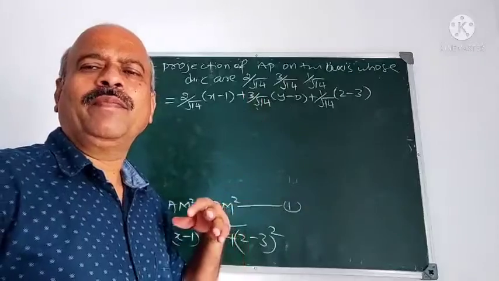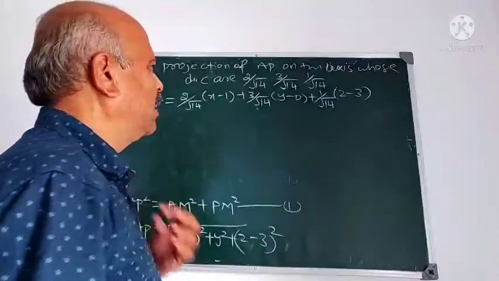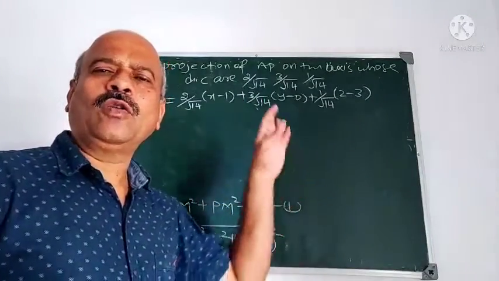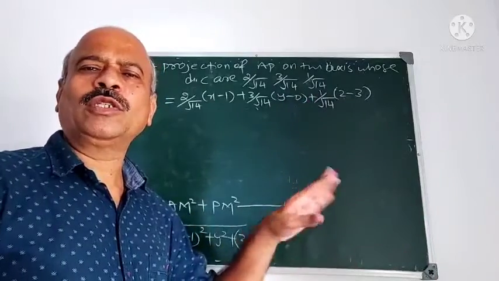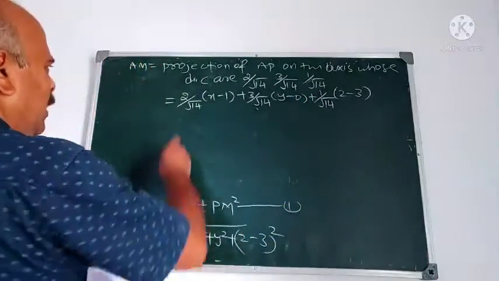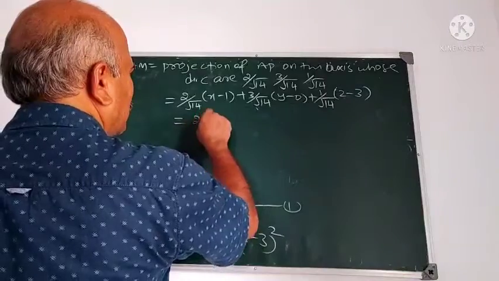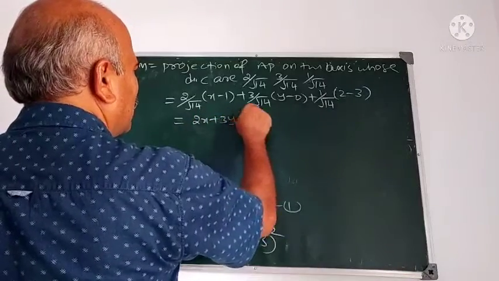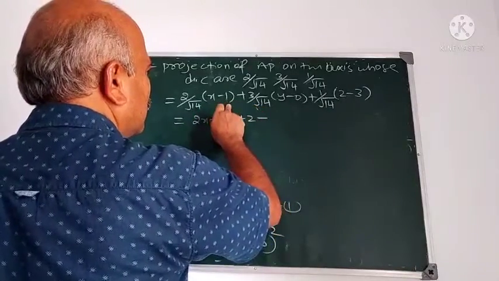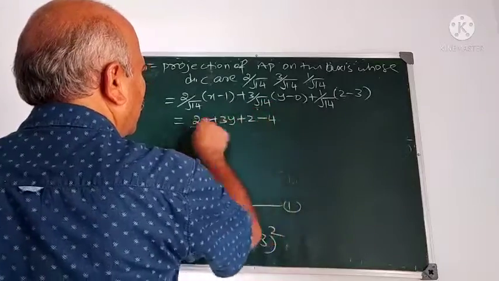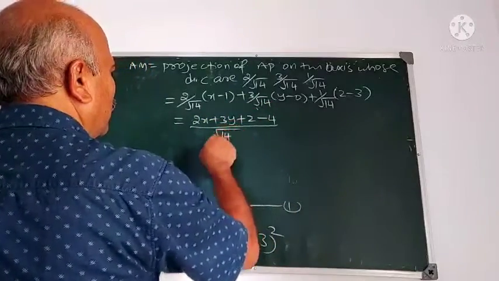What are l, m, n? They are the direction cosines of the line on which the projection is obtained. It is therefore (2x plus 3y plus z minus 5) divided by root 14.